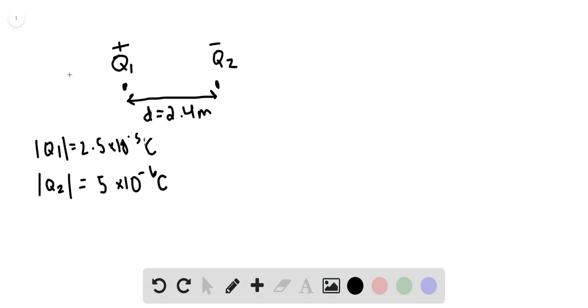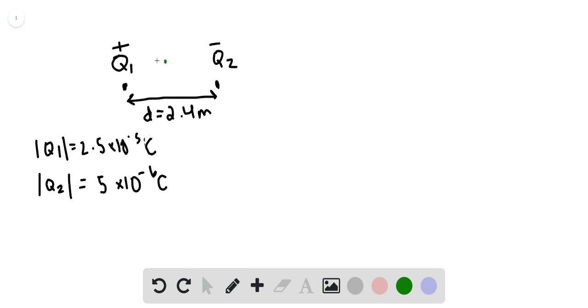So let's figure out, first of all, in broad strokes, where the field is 0. It could either be to the left of Q2, between the two, or to the right of Q2. Let's eliminate the easiest one first. So let's consider between here. I'm going to draw these vectors in green to represent the electric field due to each one.